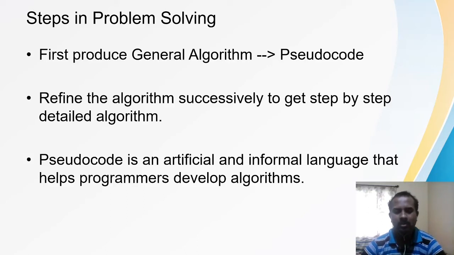The pseudocode can also be called false code. It is in general English format, the same way we write English. After you get the pseudocode, or the general algorithm, it is refined to get the step by step detailed algorithm, or the sequence of the algorithm.